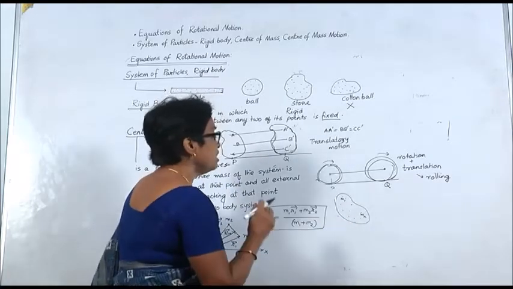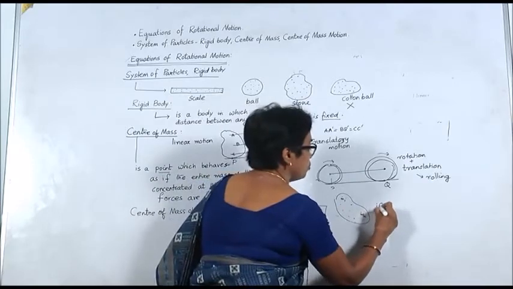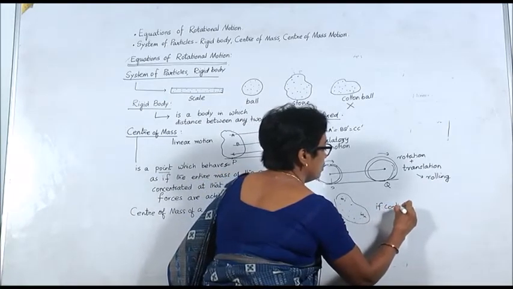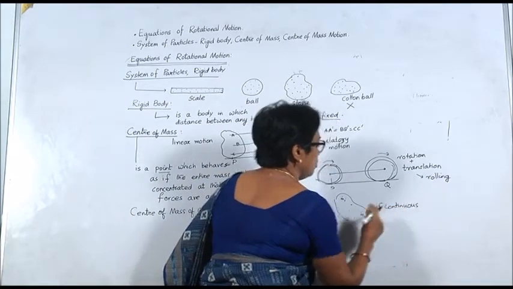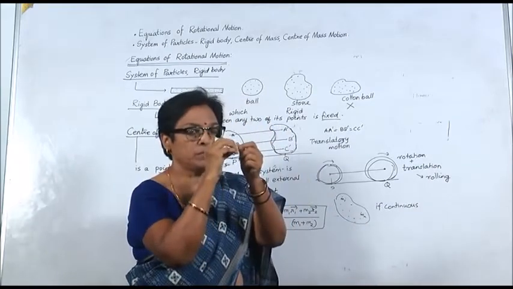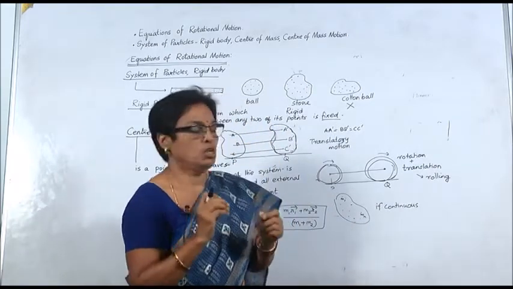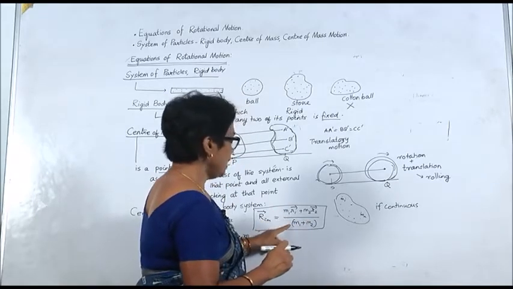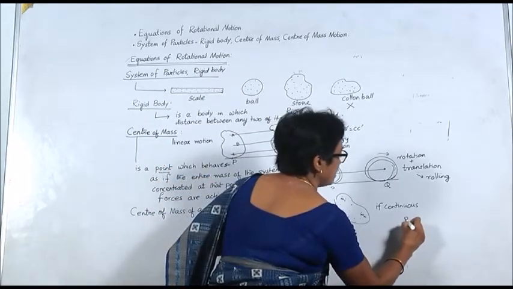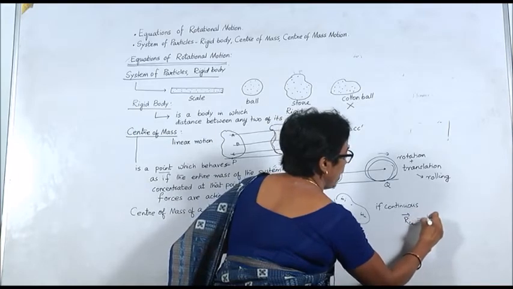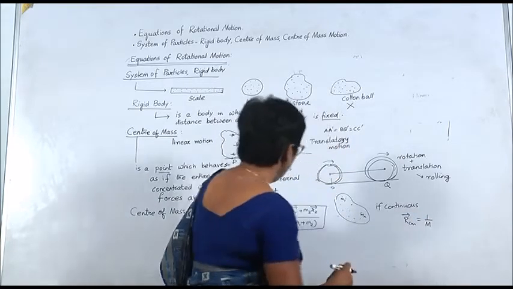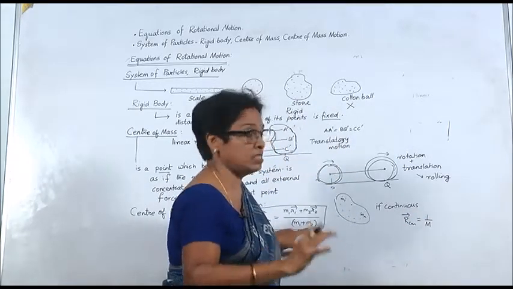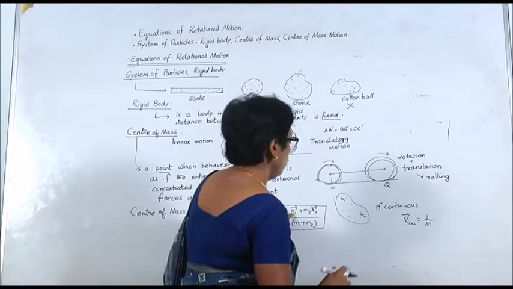Now, if it is a rigid body, a continuous body, the particles are so close to each other. In that case what we do is take 1 by total mass, so we write RCM equals 1 by total mass times the integral.